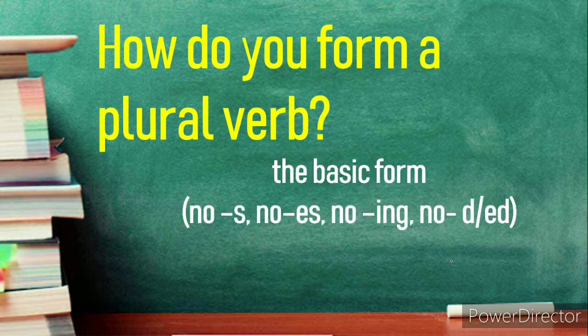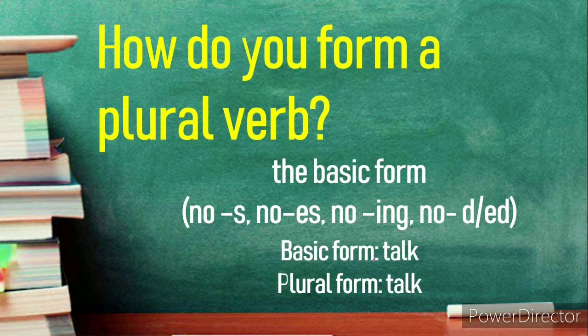Very good! It should be in its basic form, meaning no s, no es, no ing, no d, or ed. For example, the basic form is talk and the plural form is talk. The same because the plural form should be in its basic form.